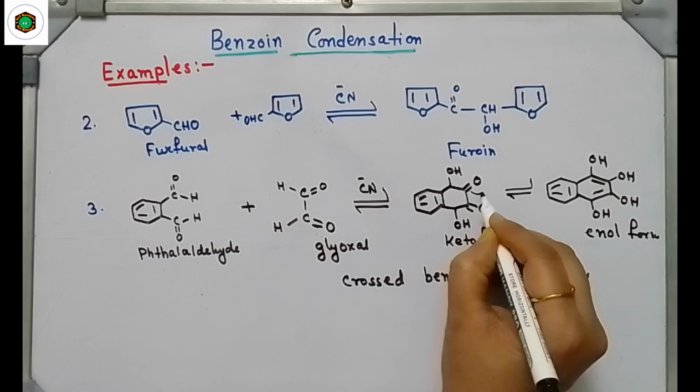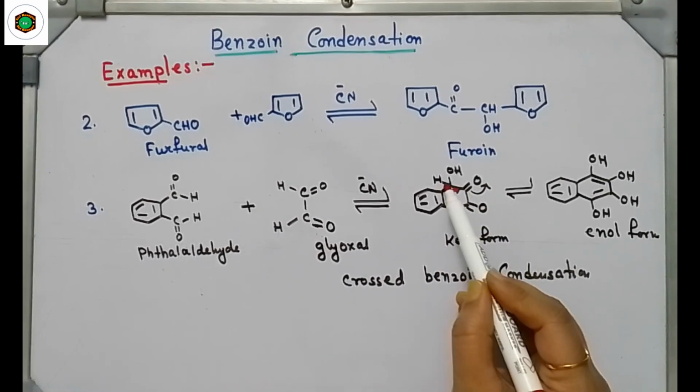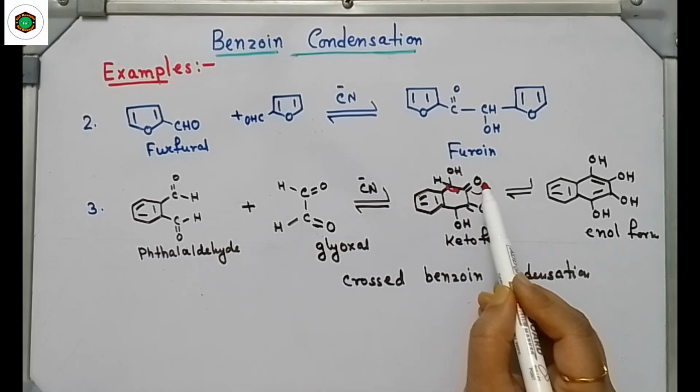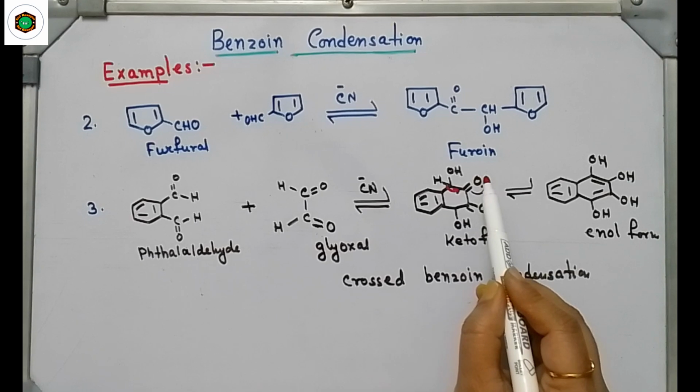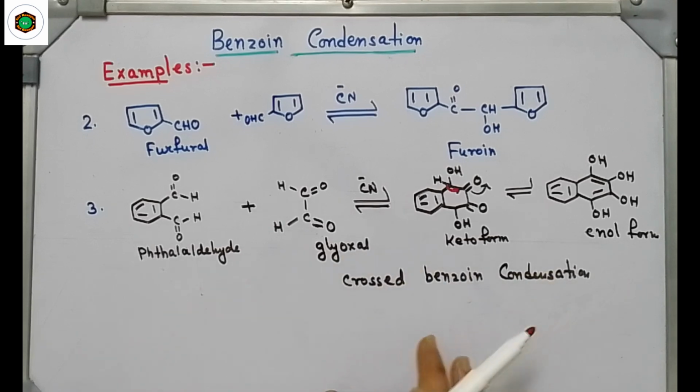For the enol form, what you have to do? For tautomerization, break this bond, shift this electron density here. So here you will get O minus and H plus will come here. So you will get the enol. Here also same thing. So this is an example of crossed benzoin condensation.